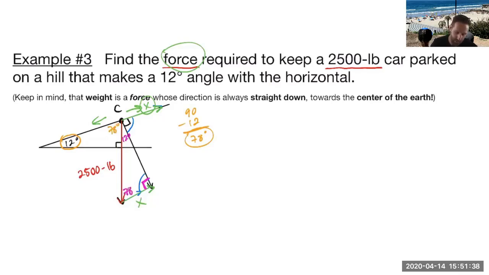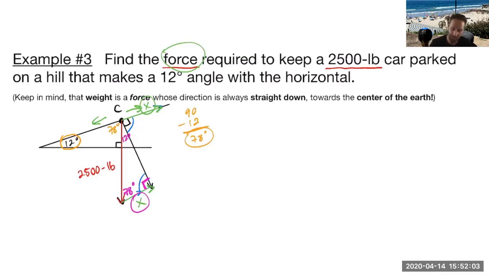So now we have all the angles of that triangle, and we can now therefore solve for our x that we tried to say would be what that parking brake has to be able to utilize in order for us to keep the 2,500-pound car on that 12-degree angled hill.